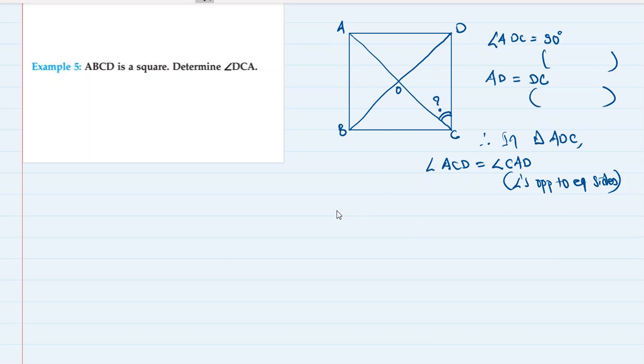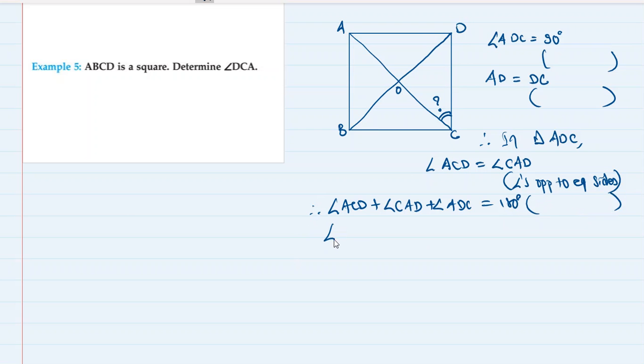So therefore, angle ACD plus angle CAD plus angle ADC is equal to 180 degrees. Angle sum property.